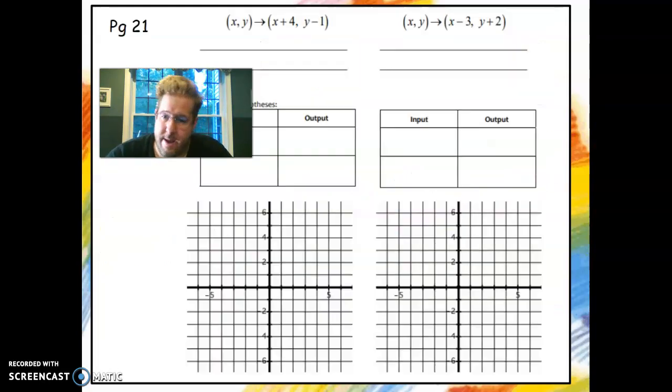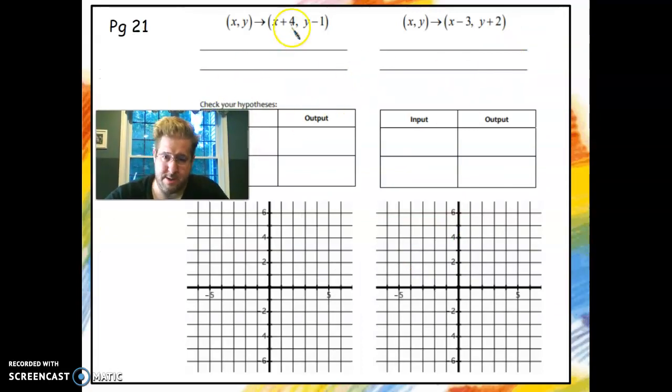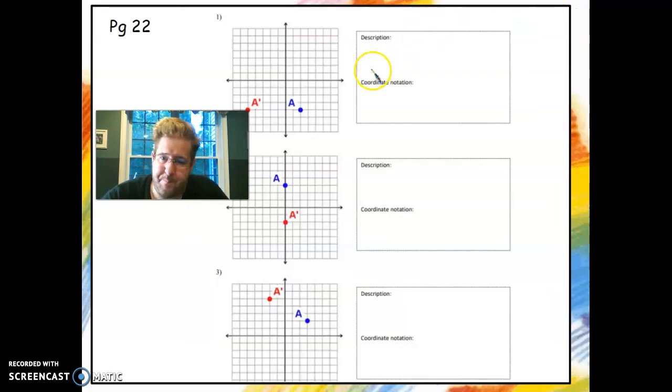All right, so page 21. Now they're giving us the rule and they're asking us to say what transformation that is. X plus 4 means right 4, because you remember the first number always means left or right, and this means 1 down. For this question, this is going to be 3 right and 2 up.